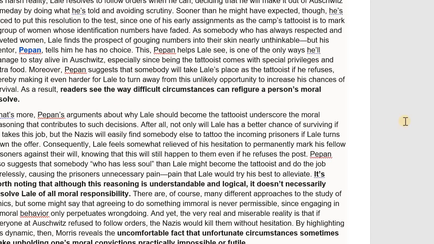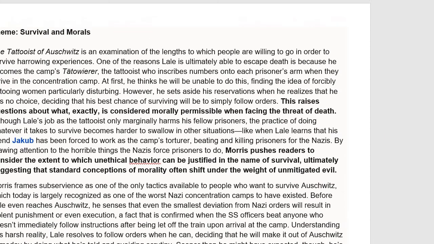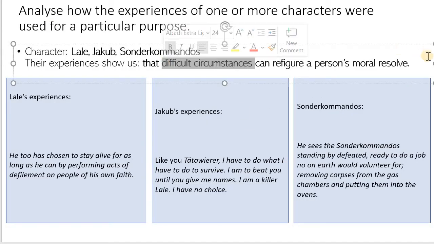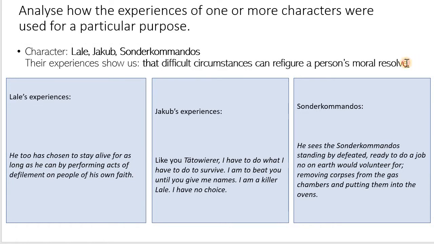It's the same as the statement about what's morally permissible when facing the threat of death. It's basically the same statement, just refigured into a statement rather than a question. That's where these kept coming from, and that's what those theme notes are there for.